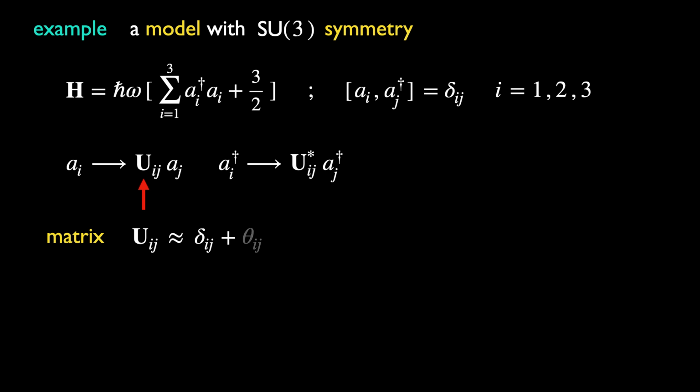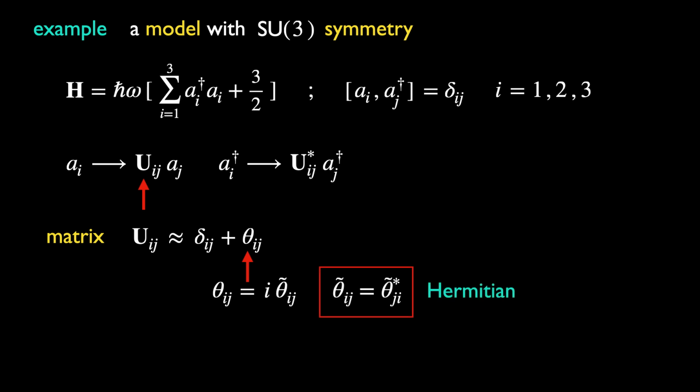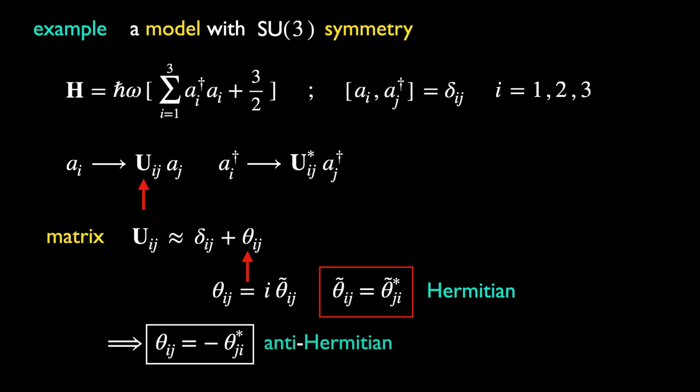Theta_ij is the infinitesimal deviation from the identity transformation delta. Recall that due to the unitarity of U, theta is actually i times a Hermitian matrix. This means theta is an anti-Hermitian matrix. U is completely specified by these parameters theta.